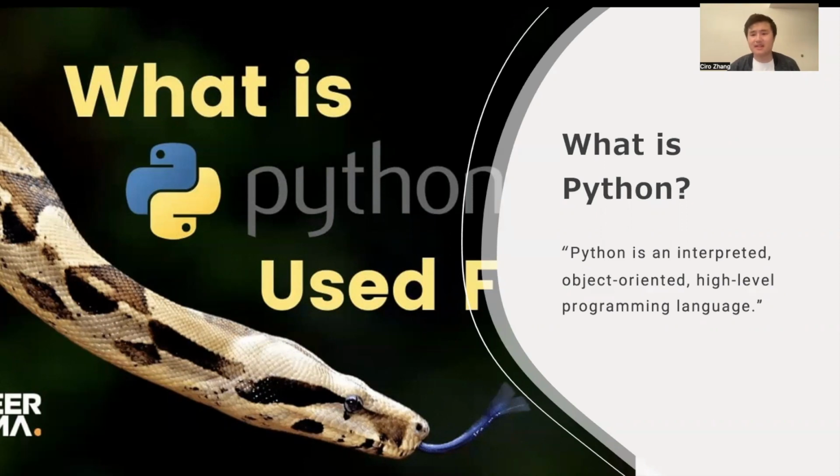Well, think of it like this. We as humans have our own language. Some of us speak Japanese, some of us speak English, and some of us speak French. Computers also have their own language too. Computers use their own binary language to talk to one another and communicate with themselves.